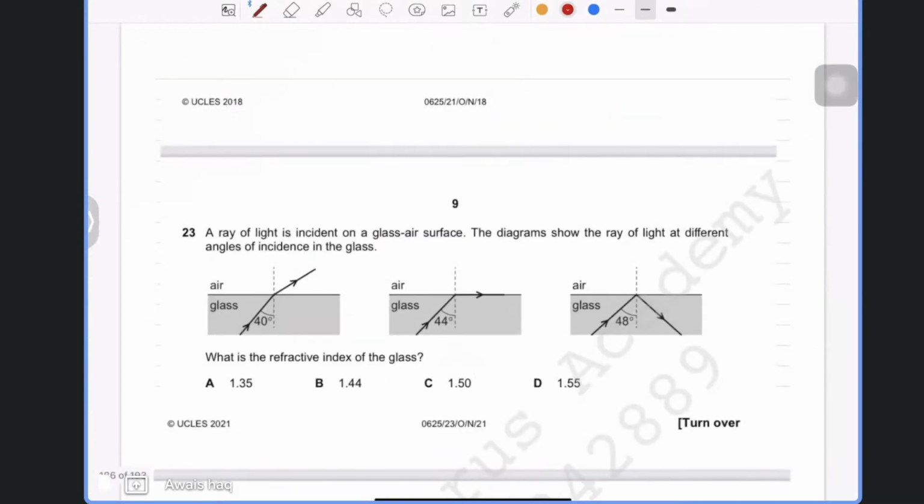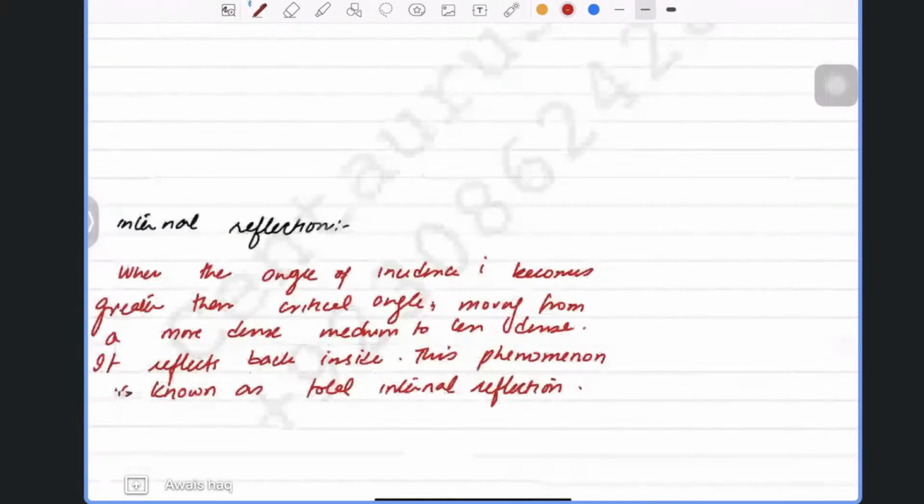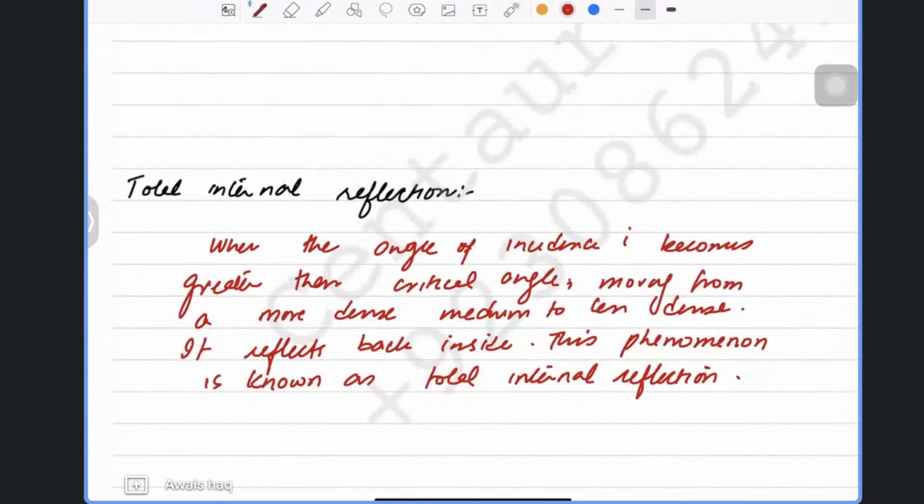For example, in this question, it says, what is the refractive index of the glass? Okay then, done. Should I go forward now?